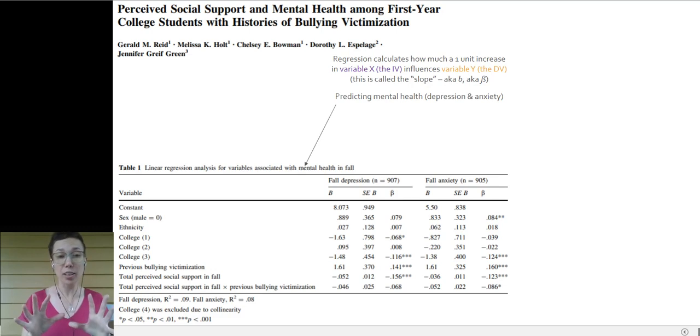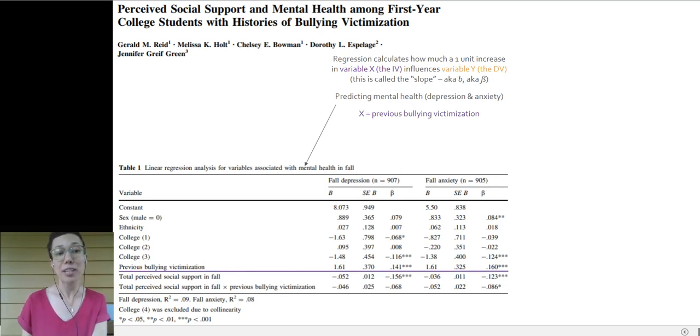If we look at this chart a little more, we can see that there are 2 aspects of mental health they're predicting. They're predicting depression in the fall semester of when the study took place, and they're predicting anxiety in the fall semester of when this study took place. They also did some measures for the spring semester, but we're just going to look at this one. So they're predicting fall depression and fall anxiety for students in classes in the fall.